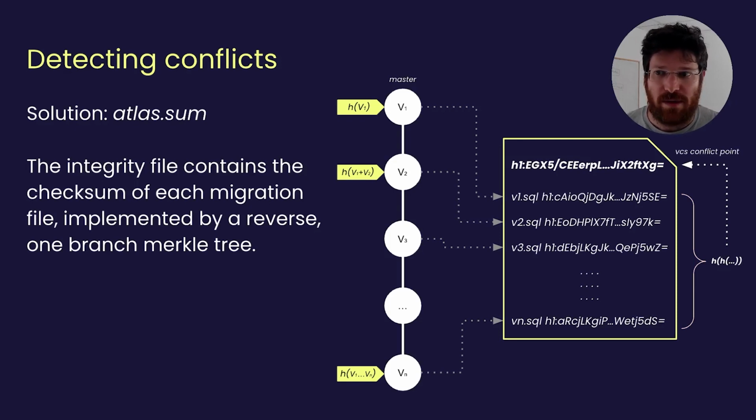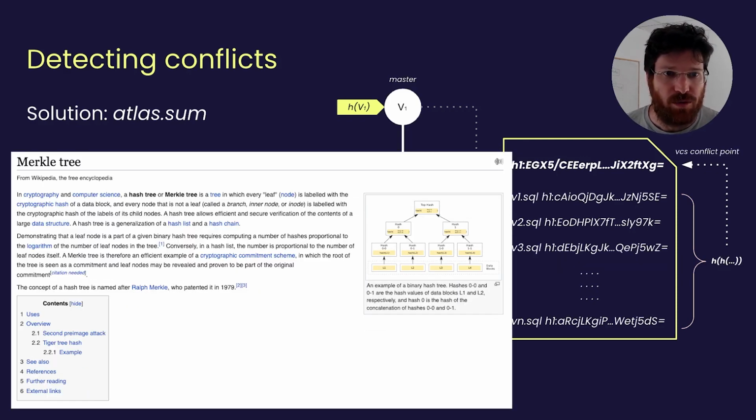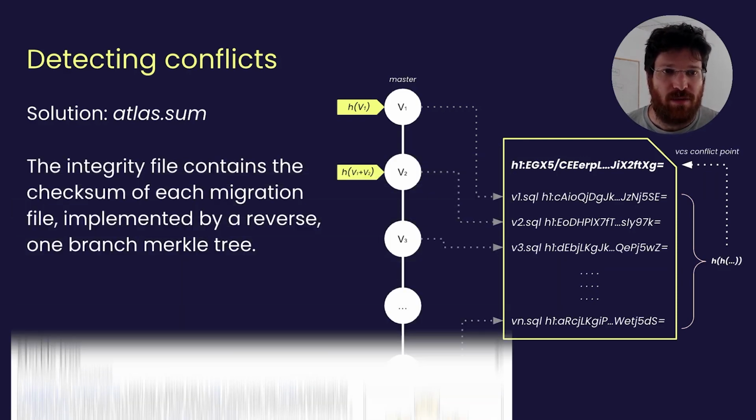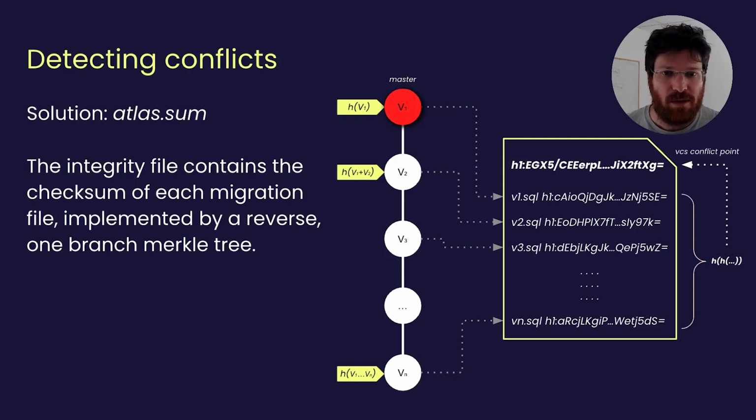The way this integrity is maintained is by using a reverse one-branch Merkle tree, in which the checksum for the first file is computed and the checksum for the second file is computed using the checksum of the previous file, resulting in a data structure where if something in history changes, the total checksum changes as well.